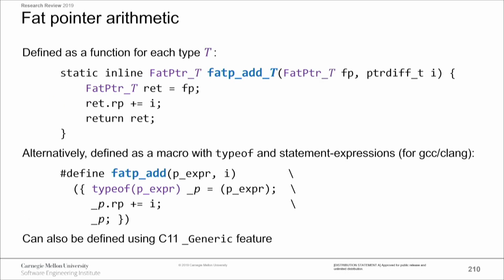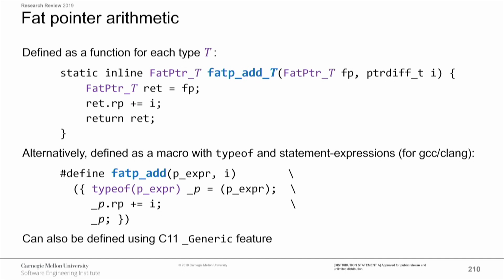So for fat pointer addition, it's real simple. We just add the given integer to the RP component of that fat pointer. And this can either be defined in standard C using a function for each type, or we could use a macro using C extensions or the C11 generic feature.